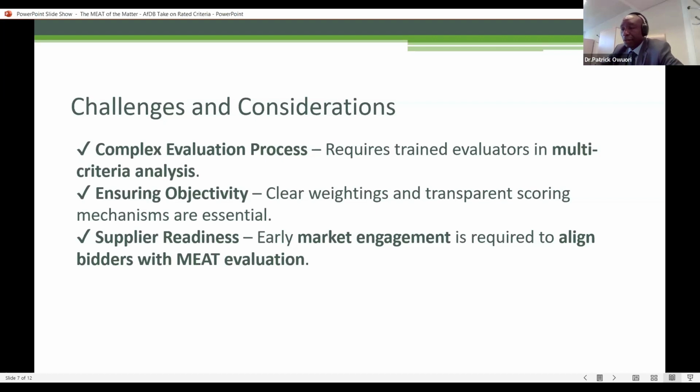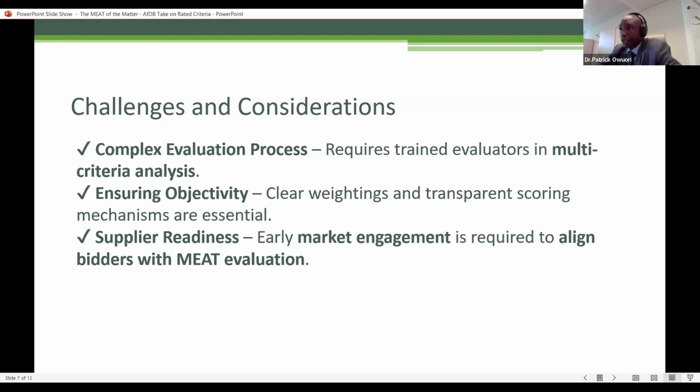One thing we have seen is people trying to list as many sub-criteria as possible, and then having a single mark or two for each sub-criteria. And that leads to something that looks more like a pass-fail than a rated criteria thing. So it's a very challenging, complex process, and it requires for us to continuously engage with people that are involved in industries, so that we can try and provide the best approaches for evaluating rated criteria.